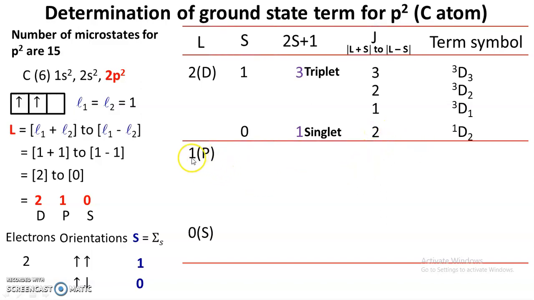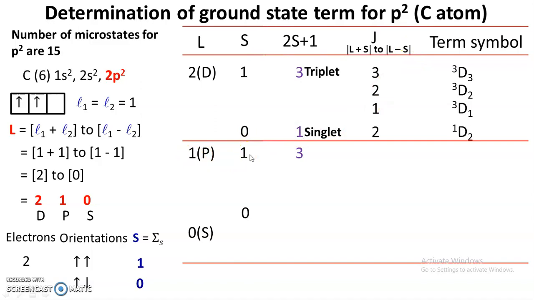Now L is equal to 1, that is P state, also couples with S is equal to 1 and S is equal to 0. When S is equal to 1, the multiplicity will be 3, that is triplet. Possible J values when L is equal to 1 and S is equal to 1: L plus S, that is 1 plus 1, equal to 2, and L minus S, that is 1 minus 1, that is 0.